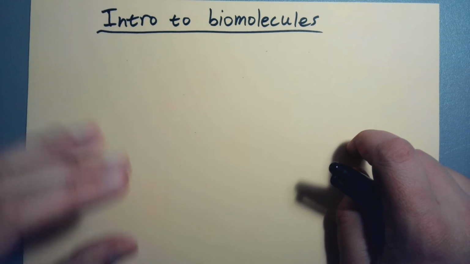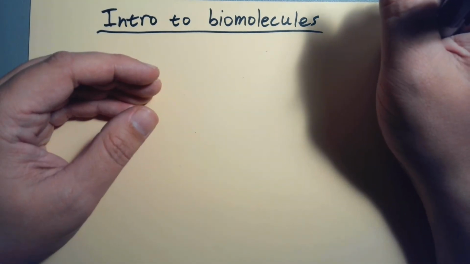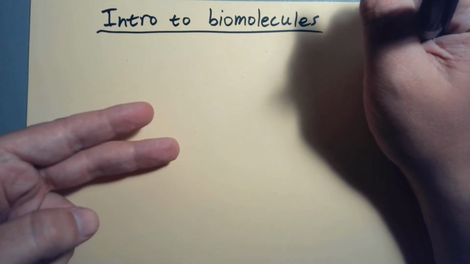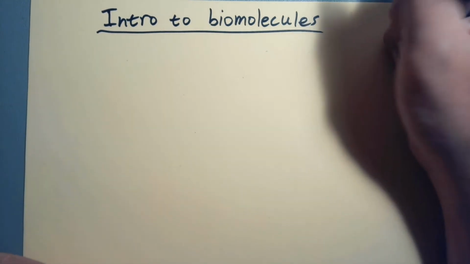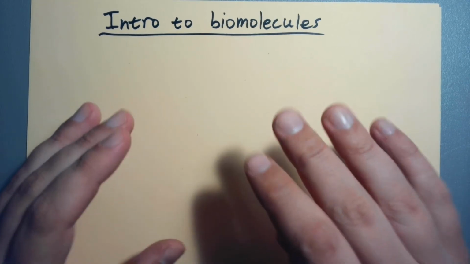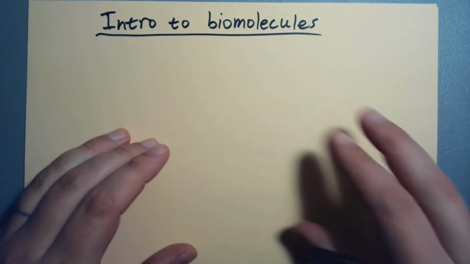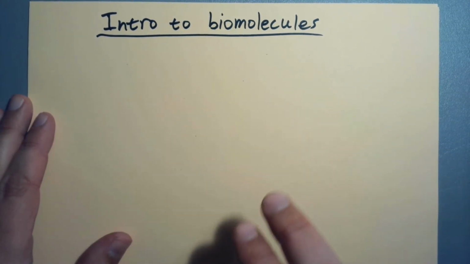So there are 4 groups we talk about, and we're going to break them up. In the case of amino acids, we're actually going to break that into 2 sections, one about amino acids and one about proteins. We're going to briefly introduce them here, and then we're going to get into some key fundamental chemistry for how these biomolecules get put together and taken apart, which are condensation reactions and hydrolysis reactions.